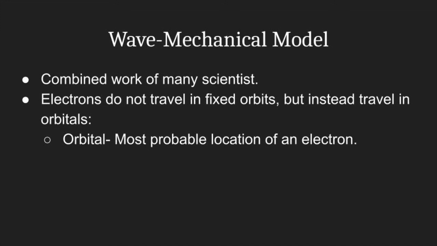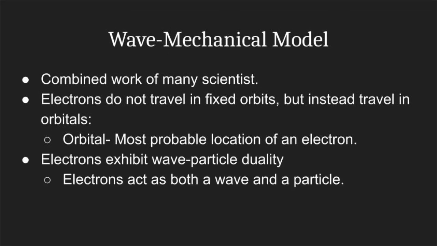Orbitals are just realms of probability. They're where the electron is most likely to be, but we can never exactly know where an electron is. They also concluded that electrons exhibit wave-particle duality. Electrons act as a wave and a particle at the same time, and just using one of them cannot correctly describe its properties.